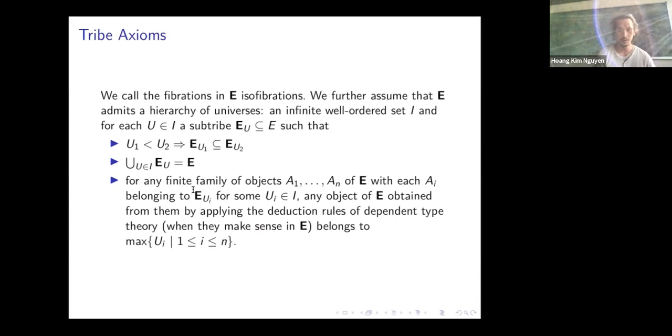And just to fix terminology, if my writing is not large enough, please let me know.